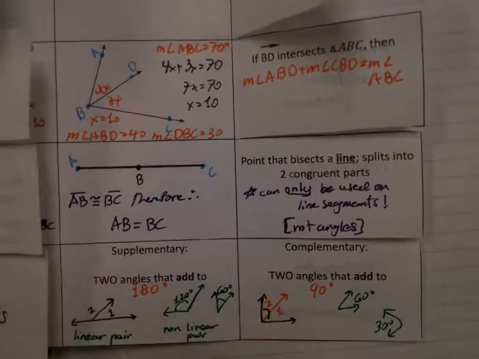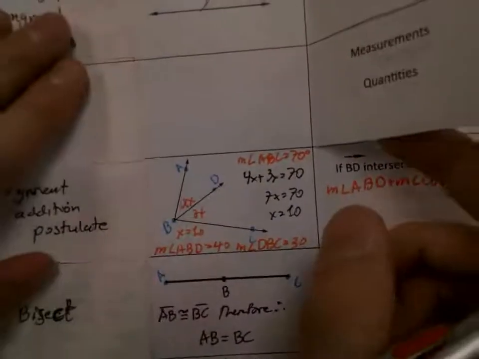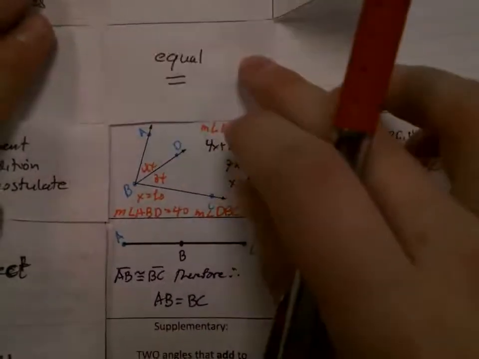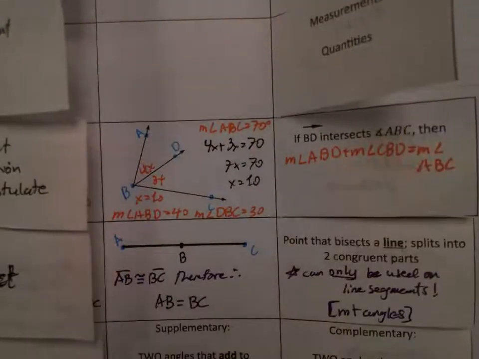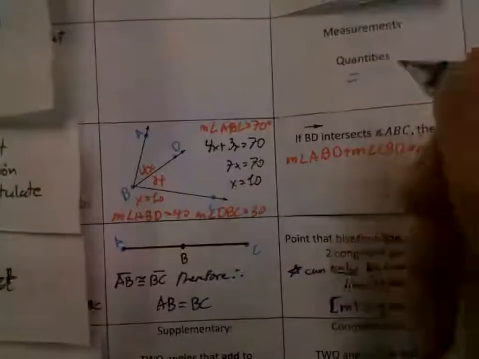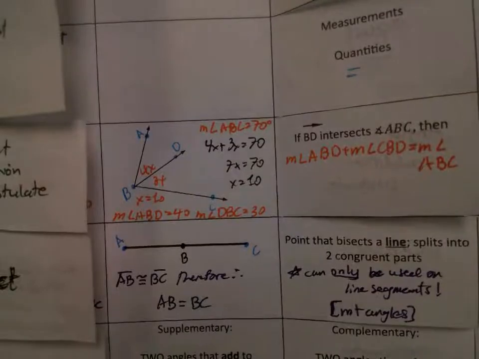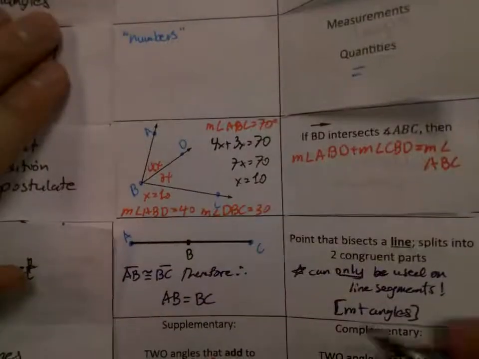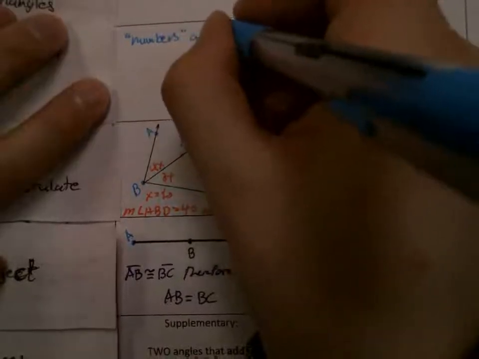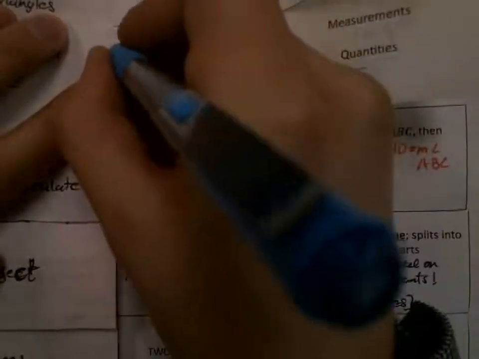Now, for this one up here, we've got equals. Equal symbol. Now, that means that numbers are equal.